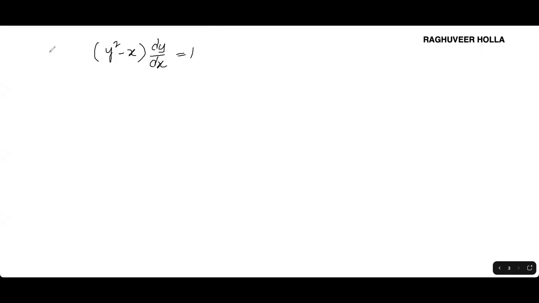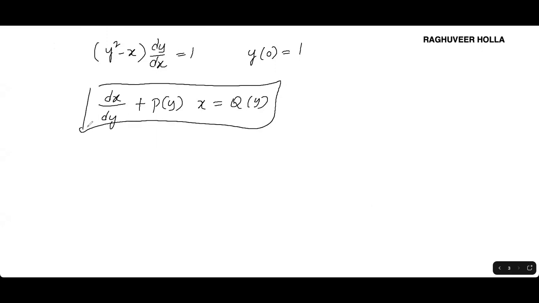Now, this was our problem, and which will be satisfying y of 0 is equal to 1. This is not of the proper form, which is supposed to be dx by dy plus p of y into x is equal to q of y, which is a linear differential equation.